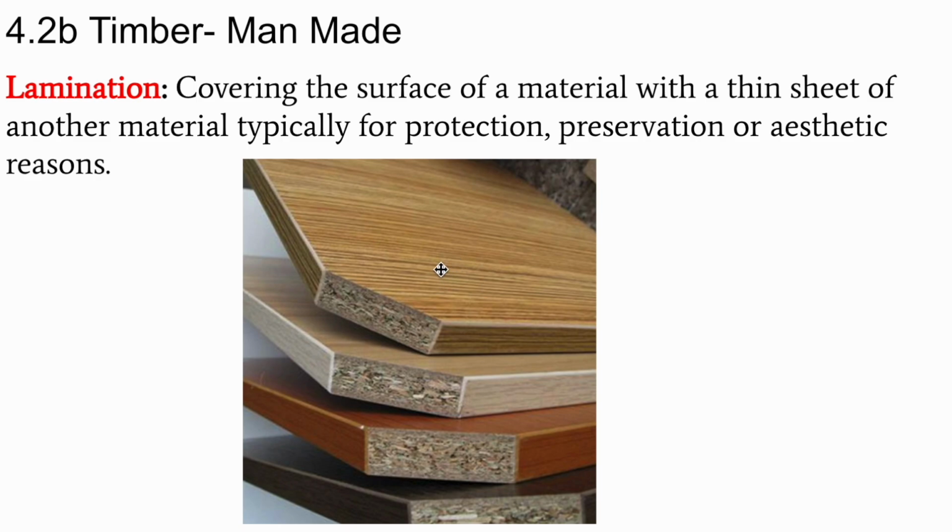And for instance, IKEA uses this type of wood a lot. So they're going to have this laminated chipboard, and it's going to have a veneer on top, and then it's going to have the wooden chipboard inside. Sometimes that laminated veneer is wood. Sometimes it's a product called melamine, which is a really hard thermosetting plastic.